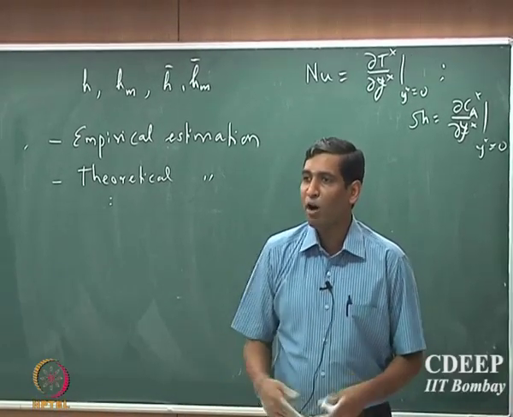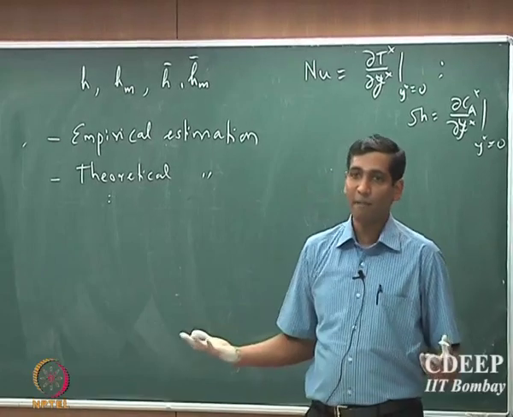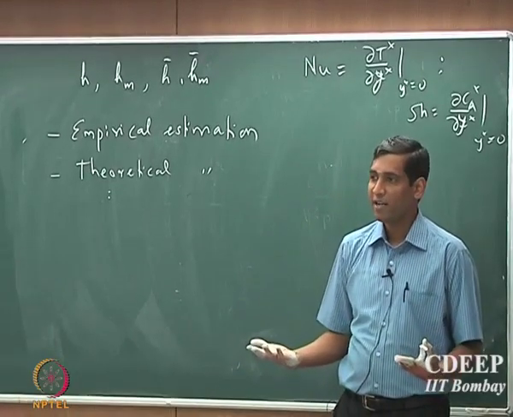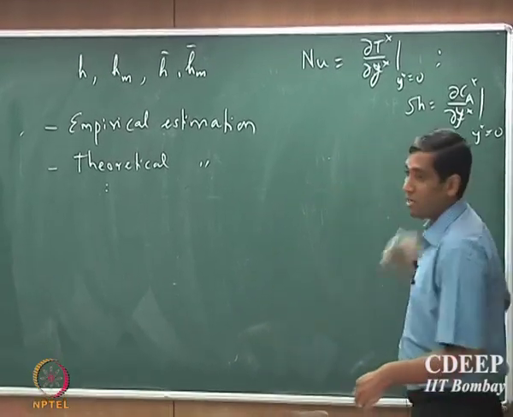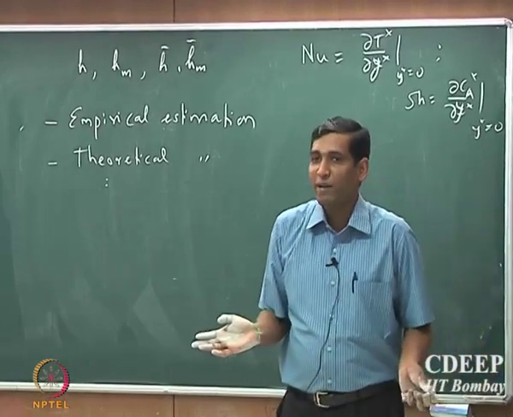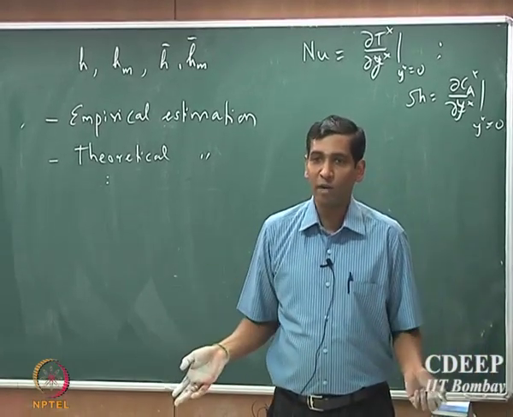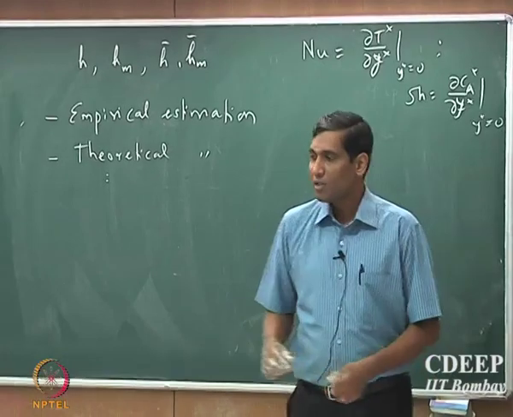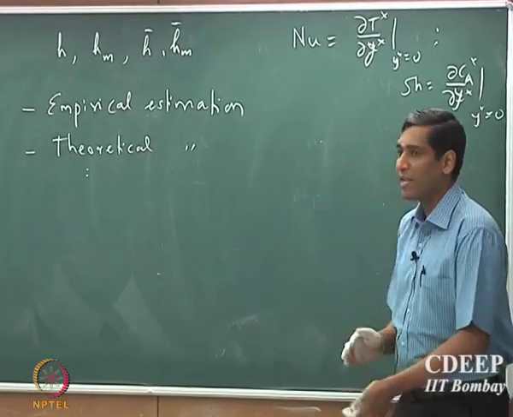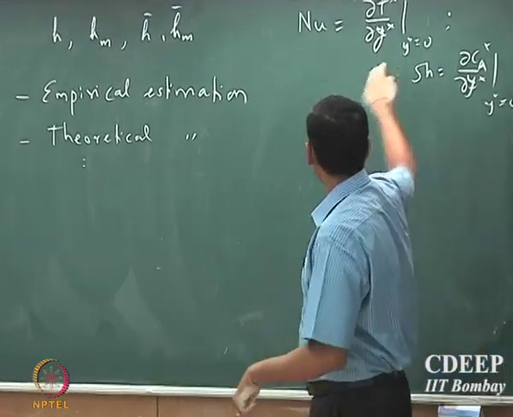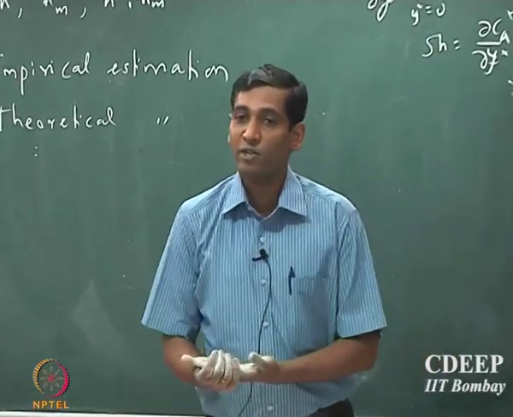We don't need to solve everything and find the complete temperature profile and concentration profile. If we are able to find the gradient, we are good. We are able to achieve the objective of what we wanted to get. So instead of solving everything, you are going to see how to find these gradients for various kinds of problems.